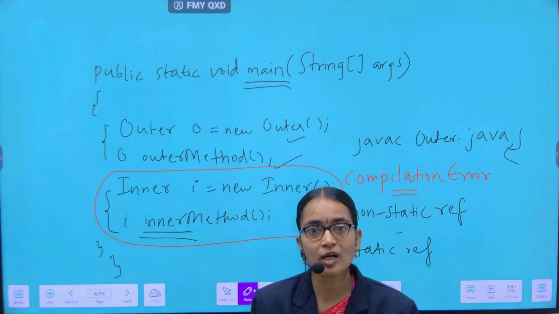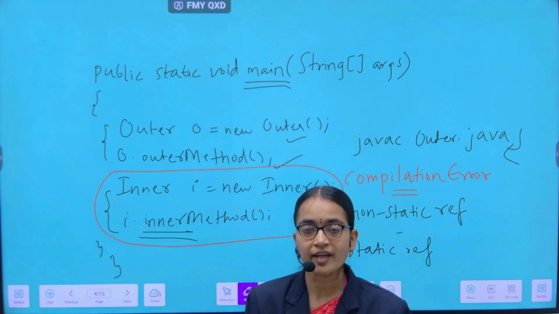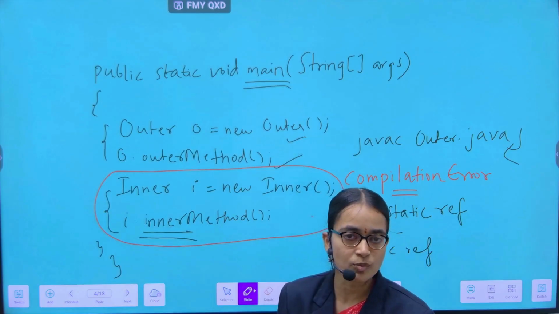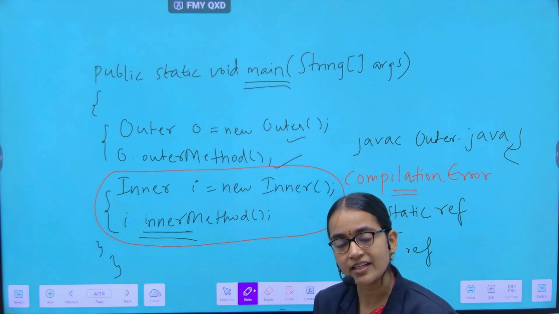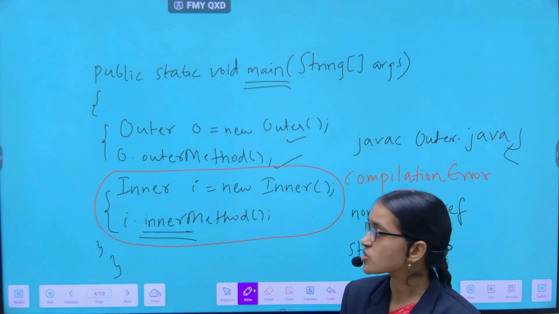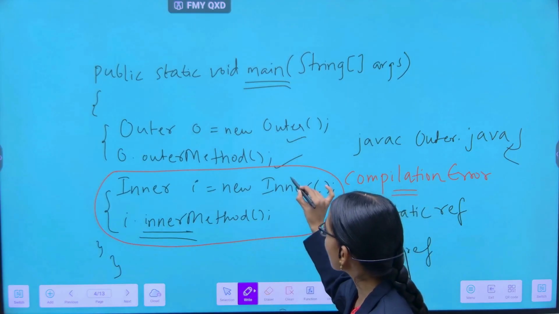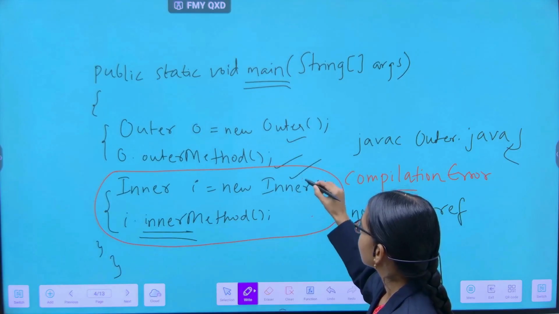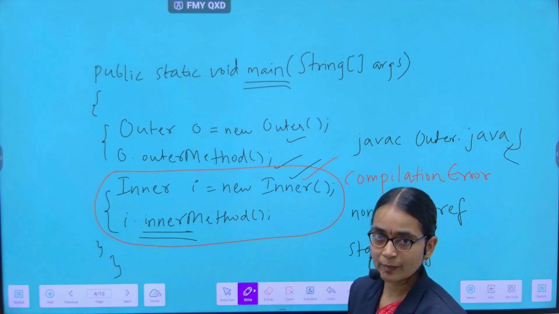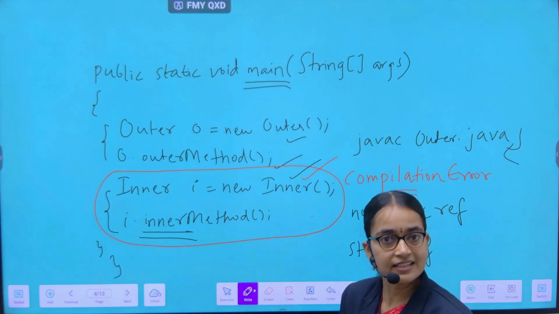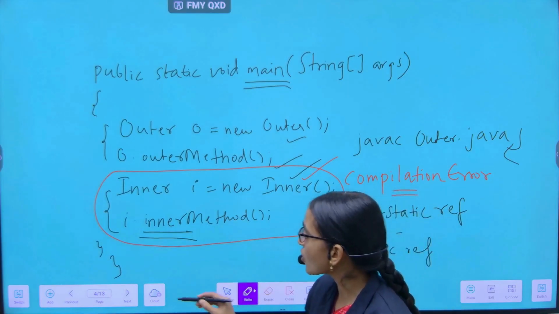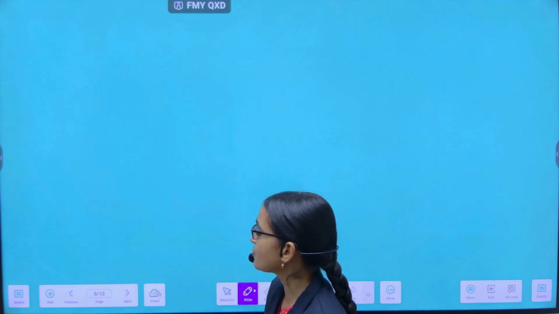Remember, in the programming environment, every time a non-static to non-static mapping should be done, and in the same way, static to static mapping should be done. So in order to resolve such types of errors, there are two implementations defined in this inner class implementation. So what are the two implementations defined for this case?